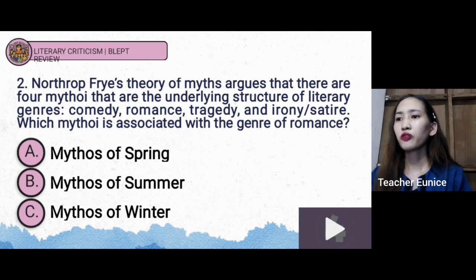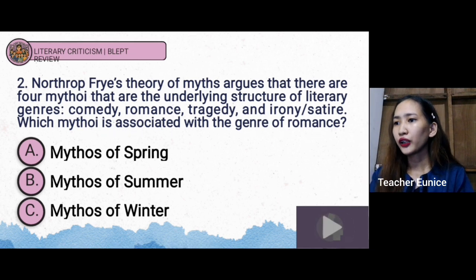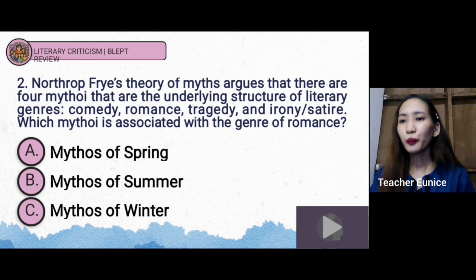So Northrop Frye's theory of myths argues that there are 4 mythoi that are the underlying structure of literary genres: comedy, romance, tragedy, and irony or satire. Which mythos is associated with the genre of romance?